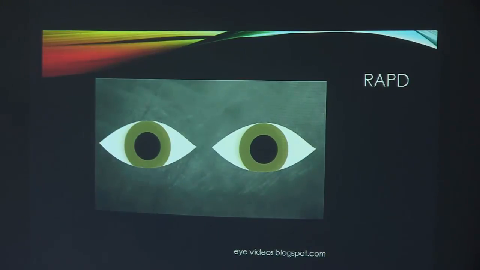So what we're looking for with an RAPD is when there's a problem between the eye and the brain. In a second, the video will mimic that. Here, when you shine the light on the left eye, hang on a minute, the eye with the problem will dilate. You didn't get much chance to see that, but let's see if I can get that back.